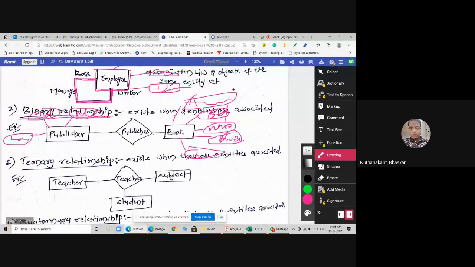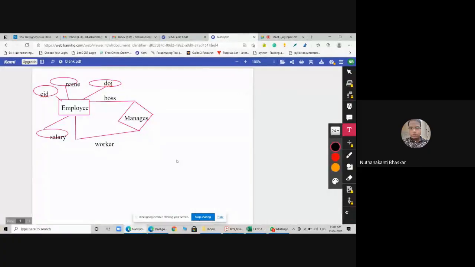Are you clear? Binary relationship means it involves two entities. Clear, everyone? Yes, sir. Now tell me any one example for binary relationship.